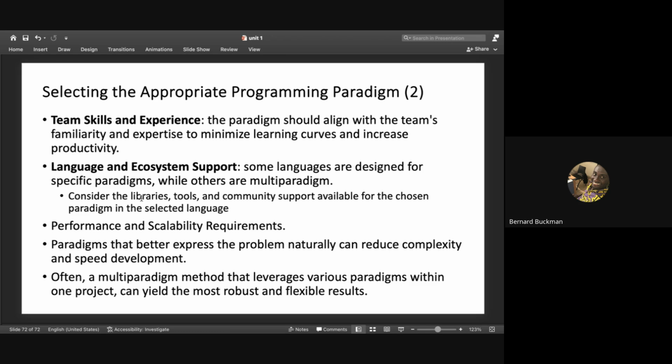Maybe that language has a lot of people who read or write in it, and they can support you when you find yourself in difficult situations. So these are the ways in which we can choose a particular paradigm. Like I said, paradigms are only the styles we use in programming.